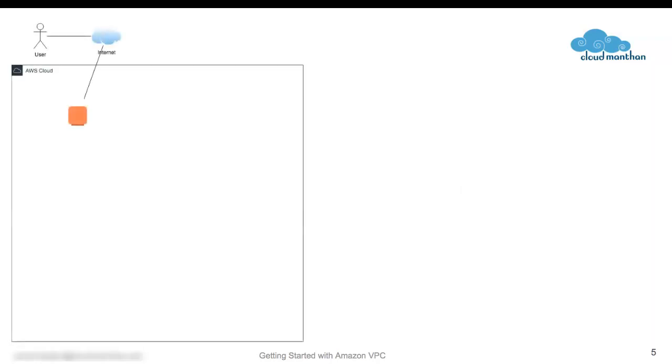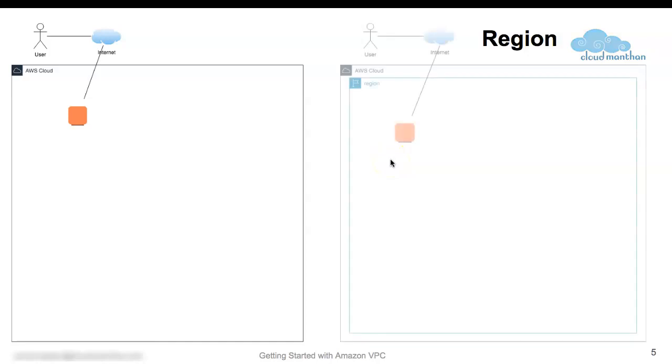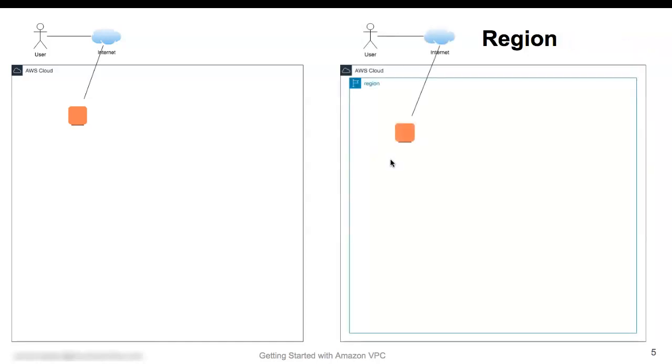So let's assume that you are running an EC2 instance in the AWS cloud. So in this picture, a user is accessing your EC2 instance via internet. Let's try to understand when we say EC2 is running in the AWS cloud, where it is running. First comes the region. Now we know that there are many AWS regions and your EC2 runs in a specific region.